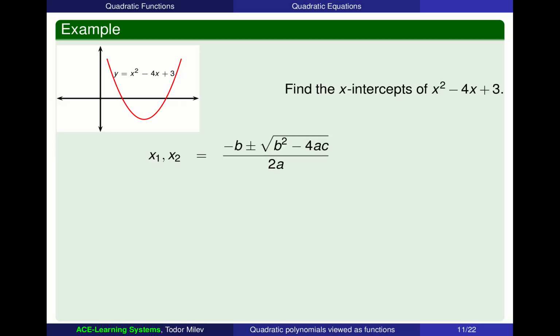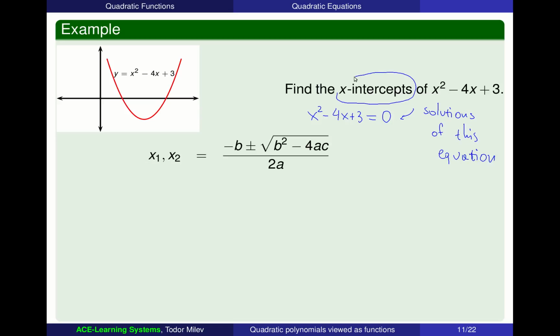Just a reminder, the x-intercepts, the places where the graph of our function intersects the x-axis, are precisely the solutions of the equation x squared minus 4x plus 3 equal to 0. So the solutions of this equation are the x-intercepts.